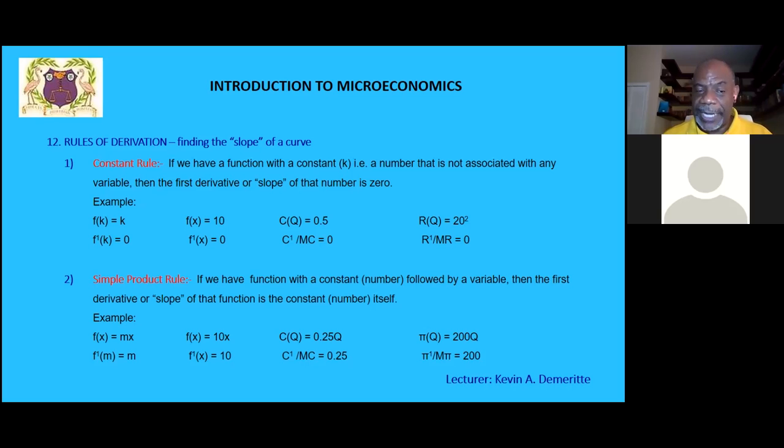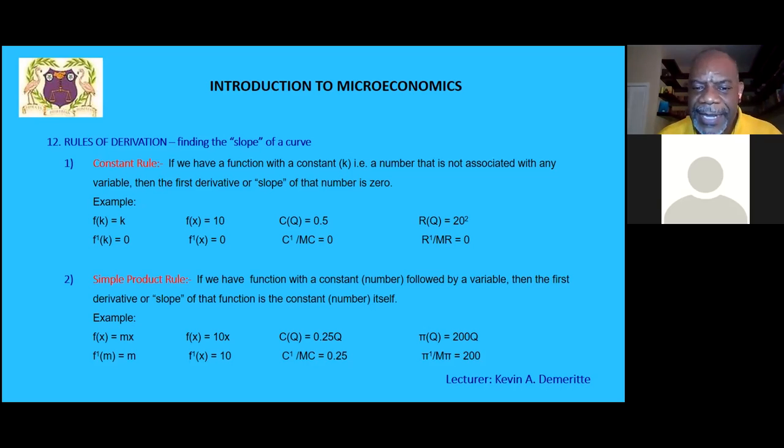The second rule, which is called the simple product rule, says if you have a function and your function has a number followed by a variable, so the number is not sitting out there by itself anymore, it's associated with a variable. For example, in this case, 10x, there's an x after the 10, or 0.25q, or 200q. There's a letter or a variable after the number.